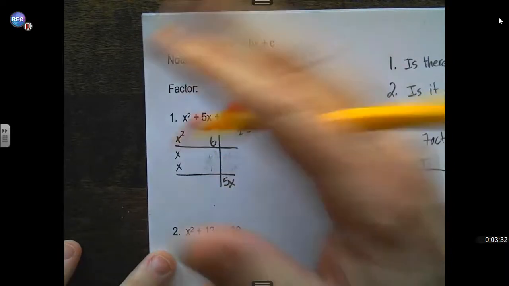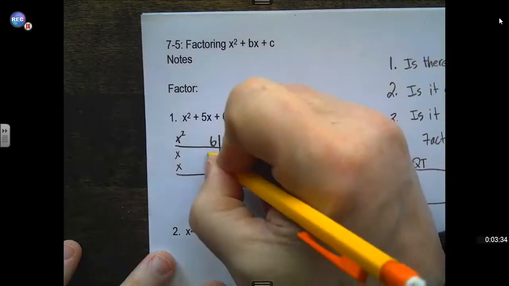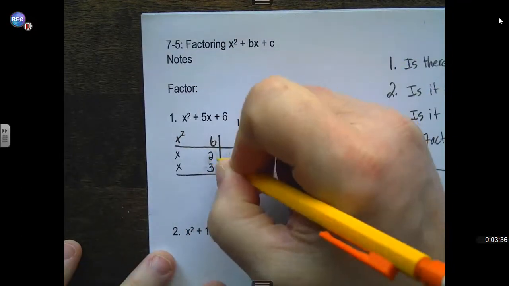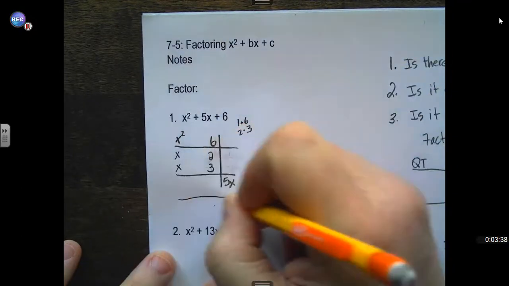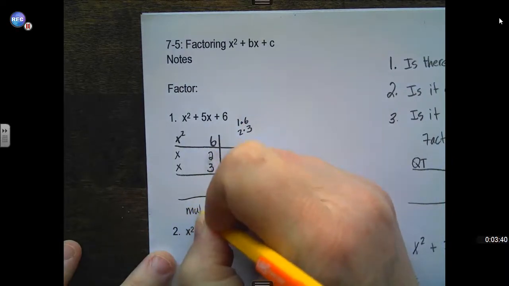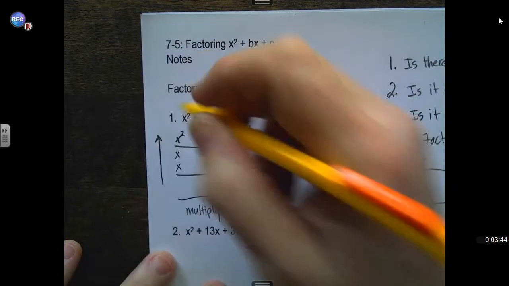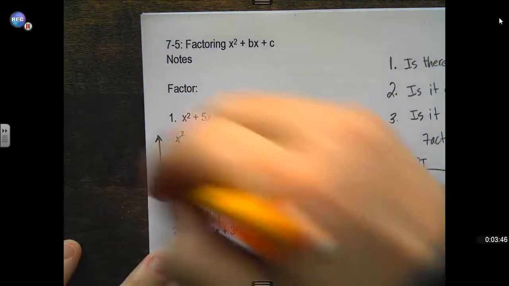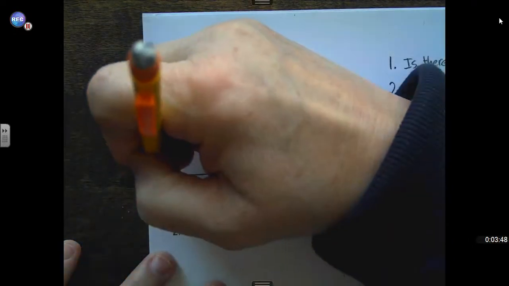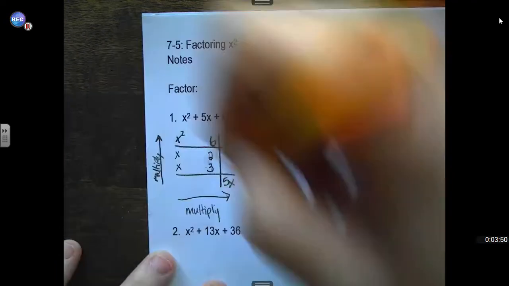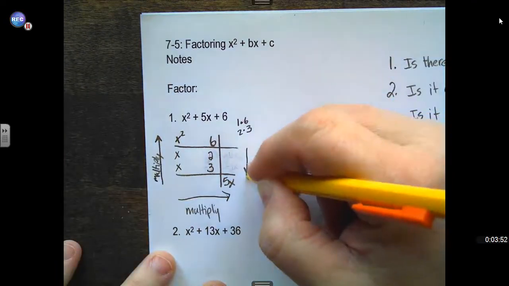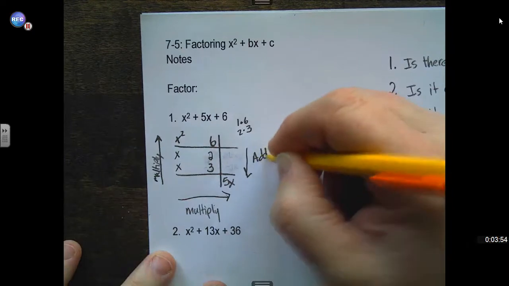So I put 2 and 3 in our chart, multiply across, multiply going this way, multiply going up, multiply going that way, and then in this column over here, we add going down.